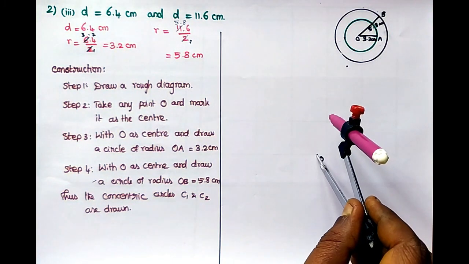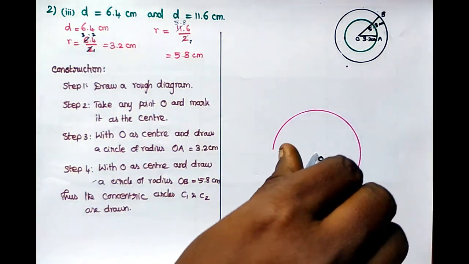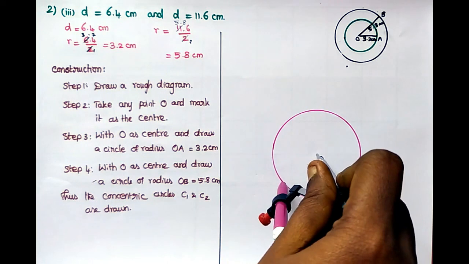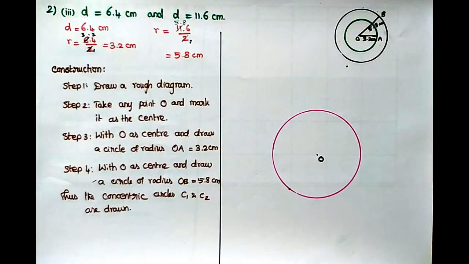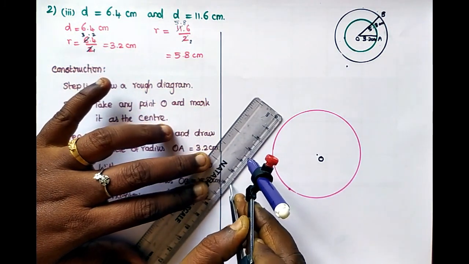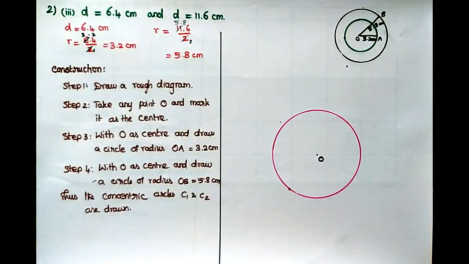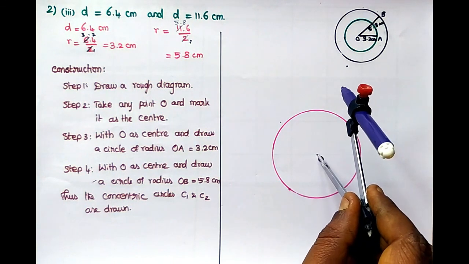Now draw the circle. Next one, what is the measurement? Radius equal to 5.8. So take your ruler and measure 5.8. Now draw the other circle.